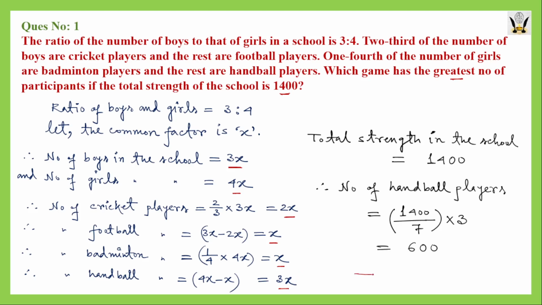So it will be 3 by 7 of the total number of students, 1400. This is the calculation that we need to do, and the value that we are getting here is 600. So 600 girls play handball, and that is the greatest number of participants in a particular game.